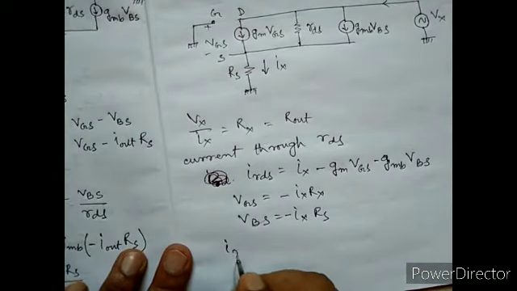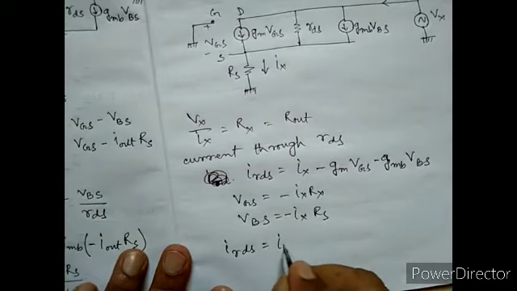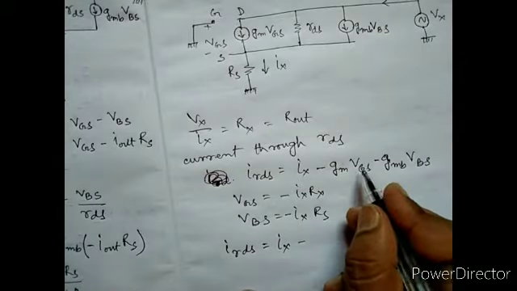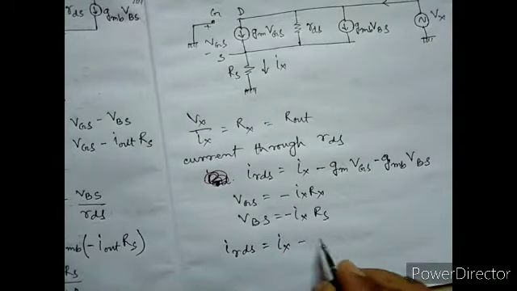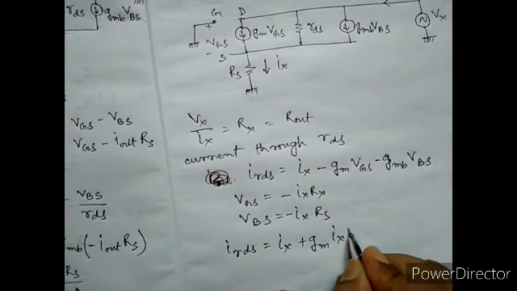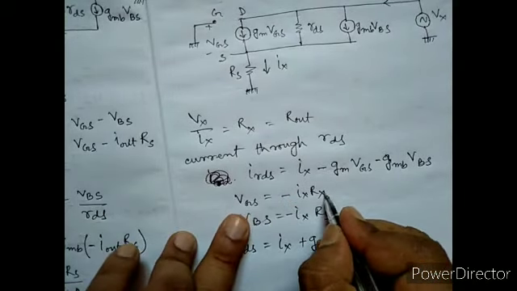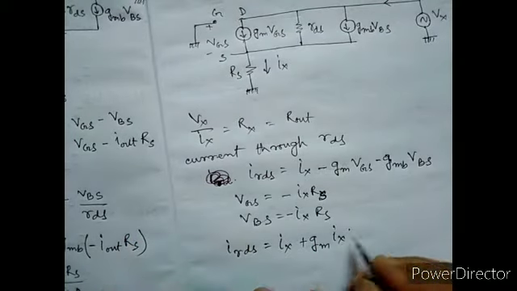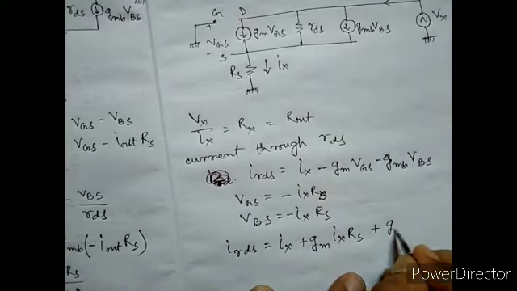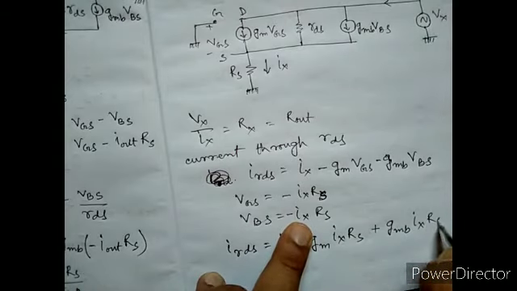So IRDS equals what? IRDS equals Ix minus GM VGS, that minus will become plus, so plus GM VGS, which is Ix into Rs, so Ix into Rs, plus GMB VBS, Ix Rs.